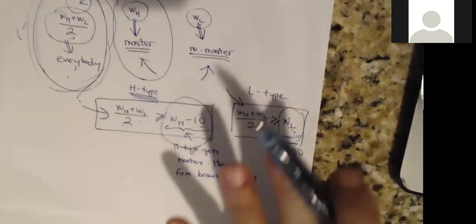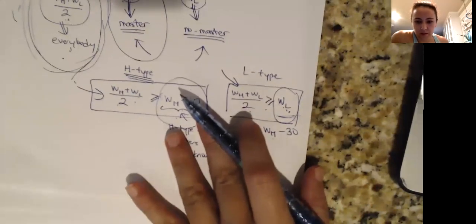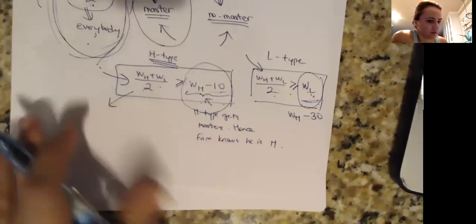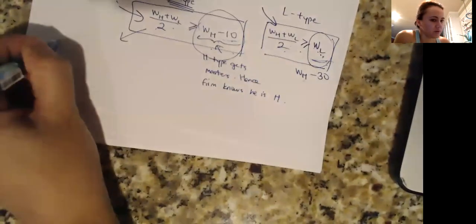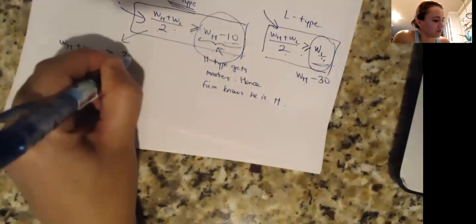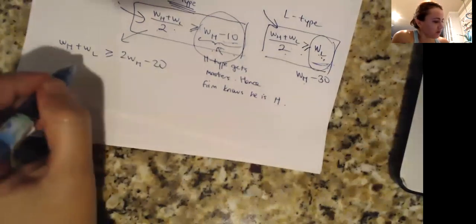Okay, so let's rearrange these. I'm going to take the first one. If I multiply both sides by 2, WH plus WL is greater or equal to 2WH minus 20.